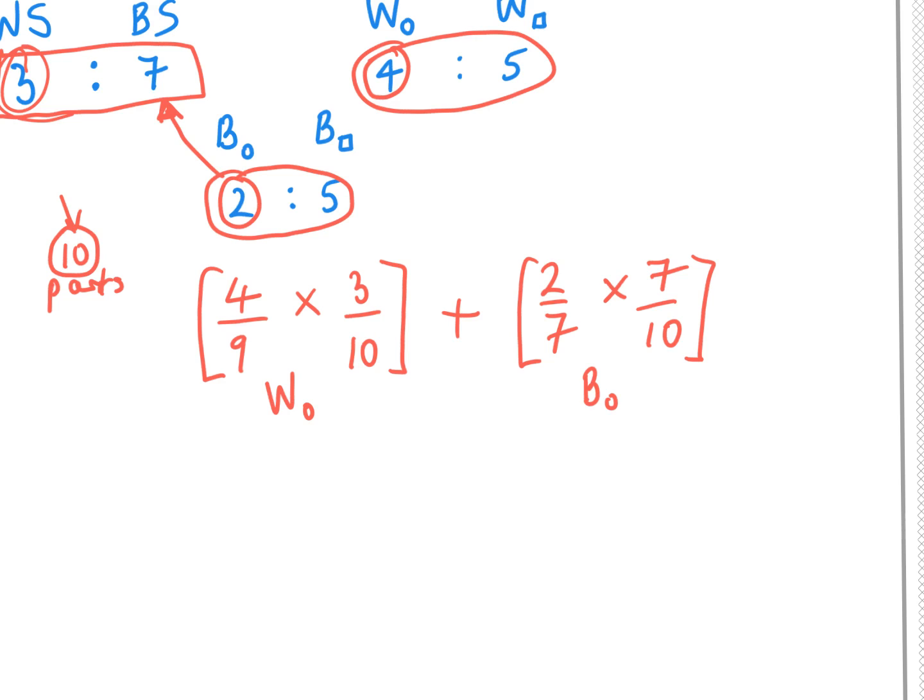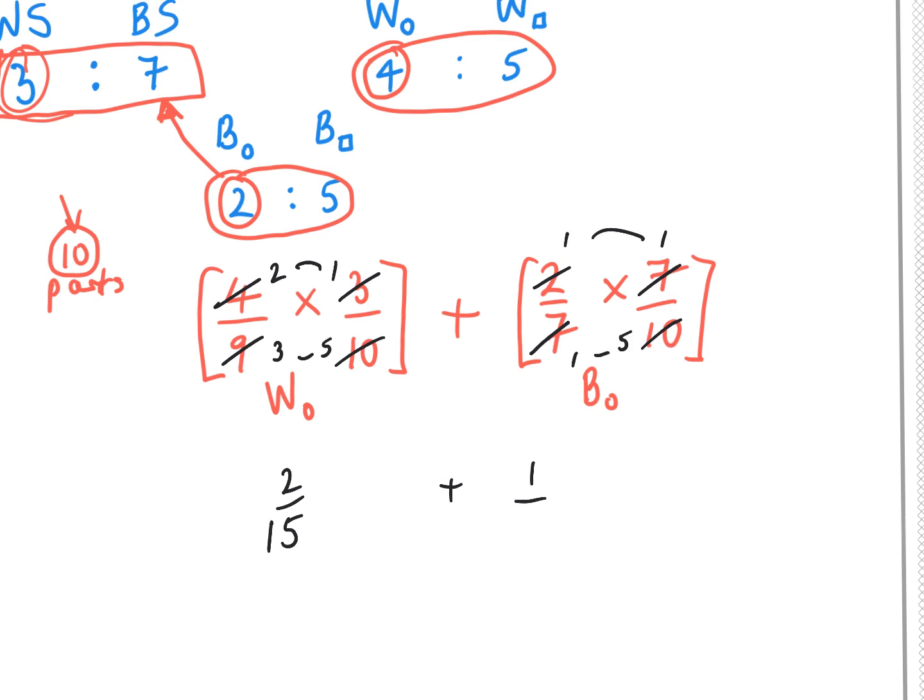So 3/9 is 1/3, 4/10 is 2/5. 2/7 of 7/10 is 1/5. So we have 2/15 for white circles and 1/5 for black circles.